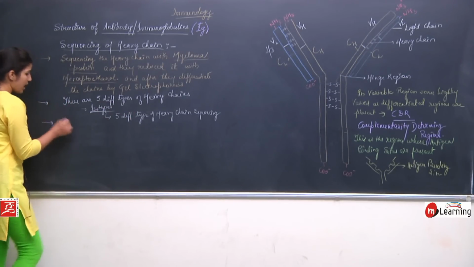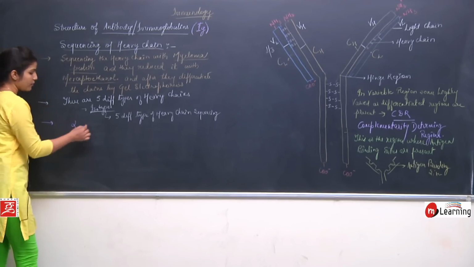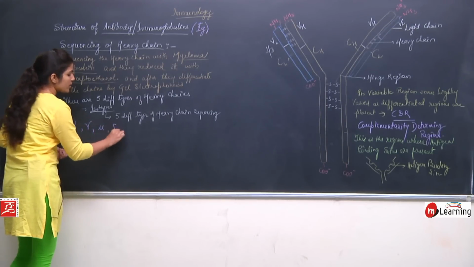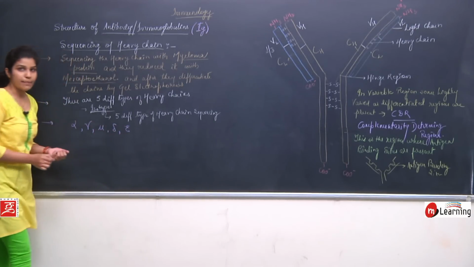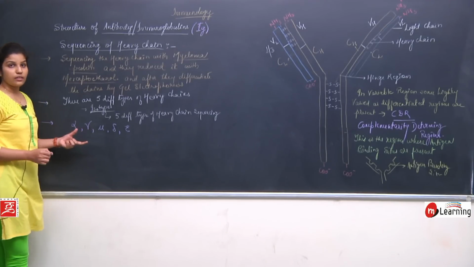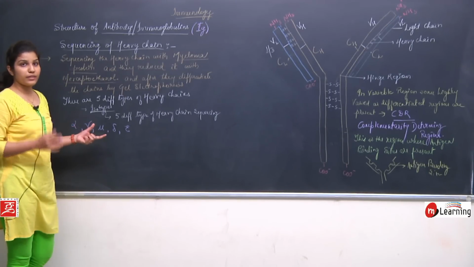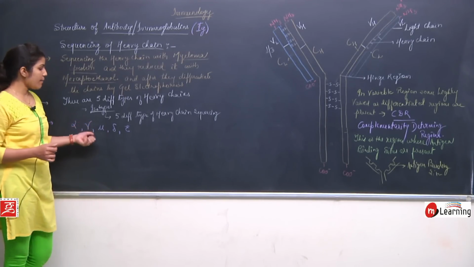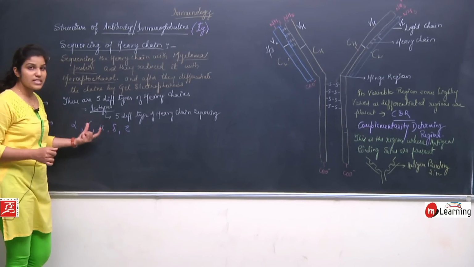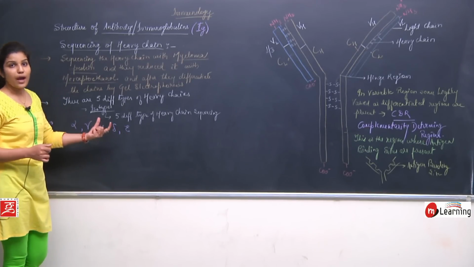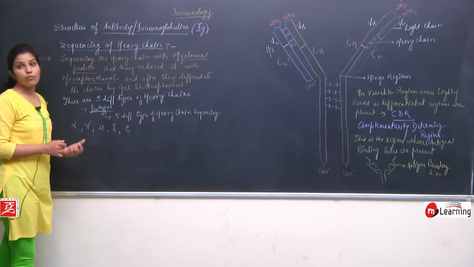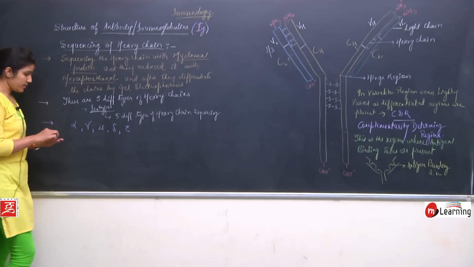These 5 chains are alpha, gamma, mu, delta and epsilon. These were the 5 different types of heavy chains that they had sequenced. On the basis of these different types of isotypes, they derived the name of each particular antibody.